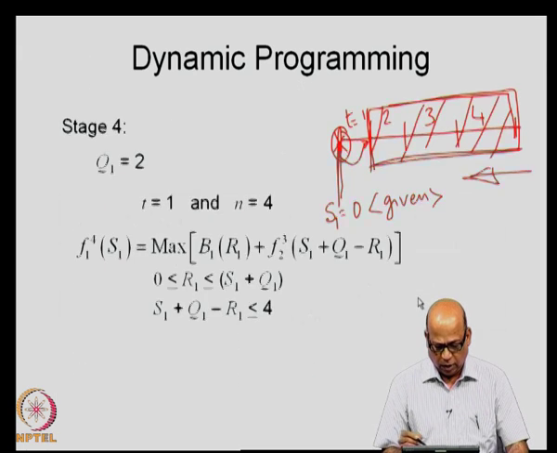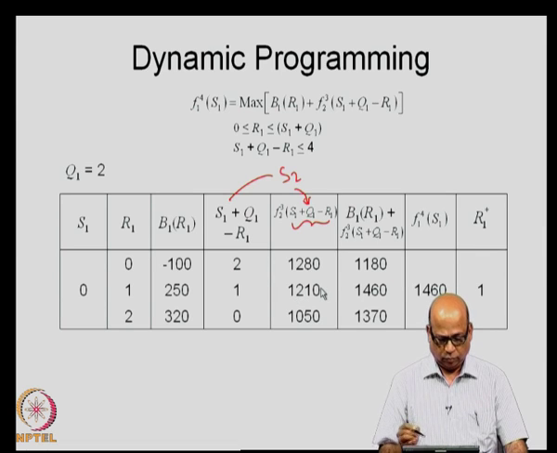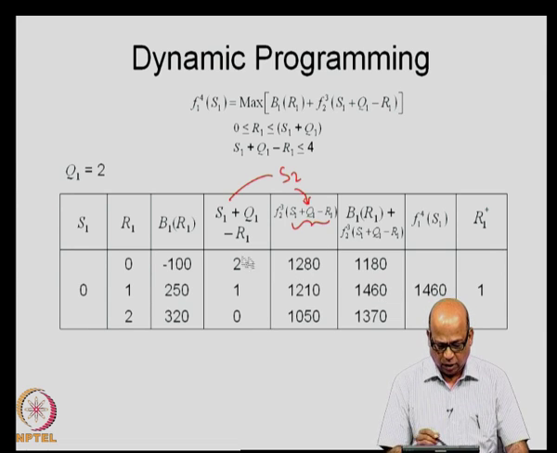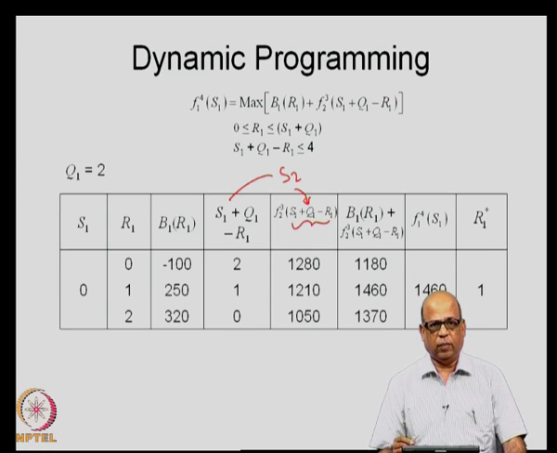So, you write that 1210 here. Similarly, for 0 it is 1050, and you sum these up: 1280 minus 100 is 1180, 1210 plus 250 is 1460, 1050 plus 320 is 1370, and so on.